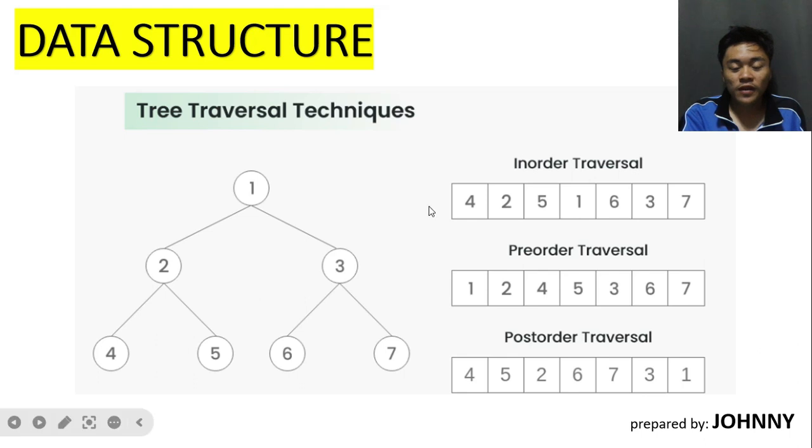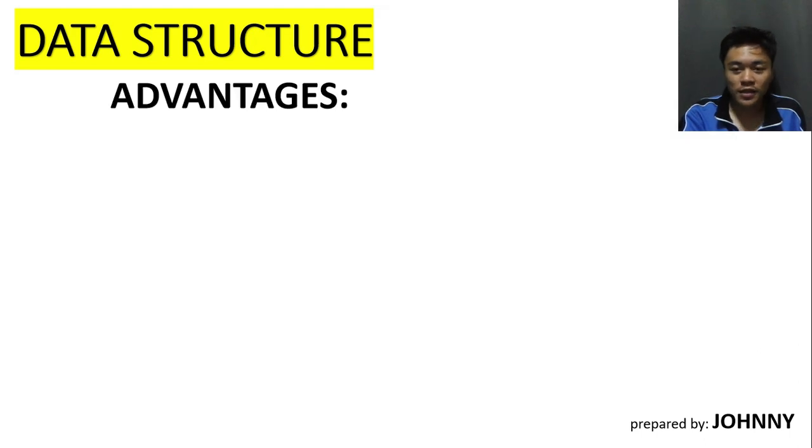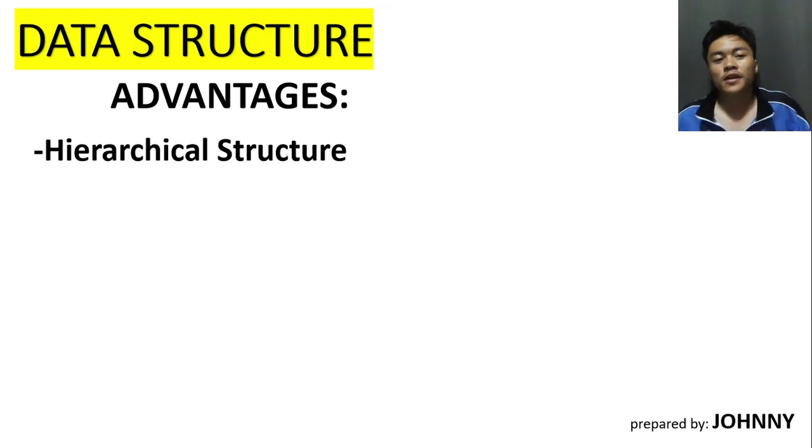There are a few advantages when using a tree as a chart, like binary and the others. Number one here is hierarchical structure. Trees naturally represent hierarchical relationships, making them suitable for organizing and representing hierarchical data. This is particularly useful in applications like file systems, organizational charts, and decision-making processes.